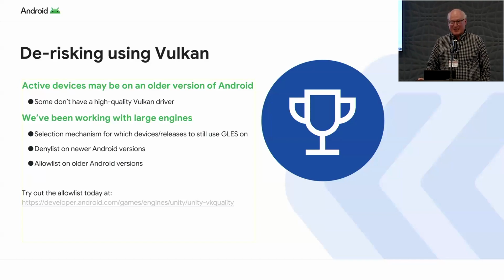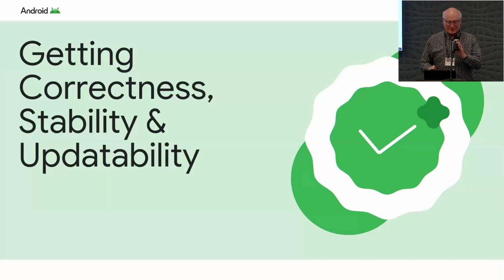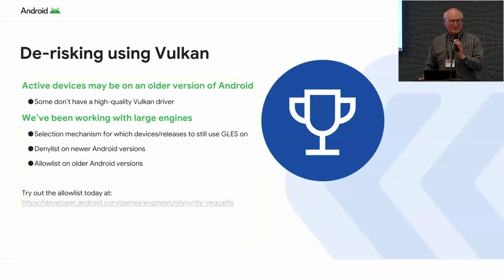So in some cases, rather than just stay at GLES, we'll work with the engine vendor so that we can tell them, hey, you should use Vulkan on these devices, and then you can use GLES for the rest. So it's a de-risking mechanism. And if we haven't talked to you and you're an engine vendor, come talk to us. We're happy to help. We want your software to shine. And we've started with the large engine vendors.